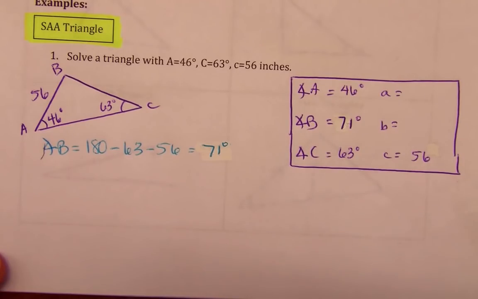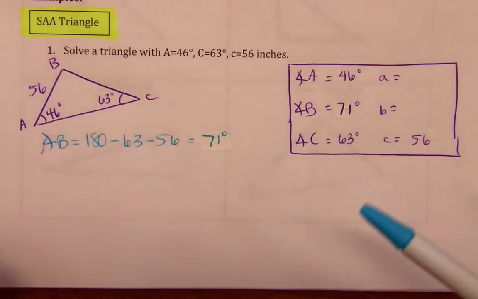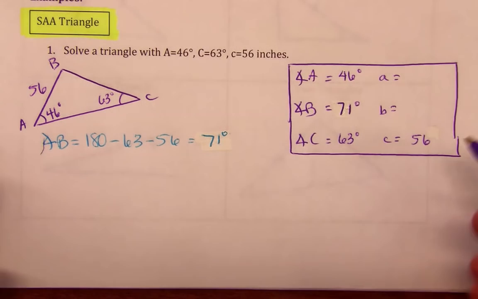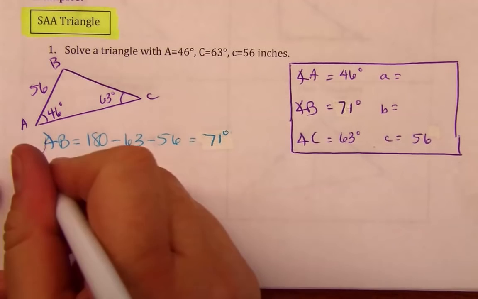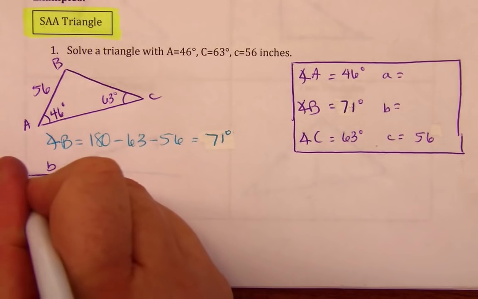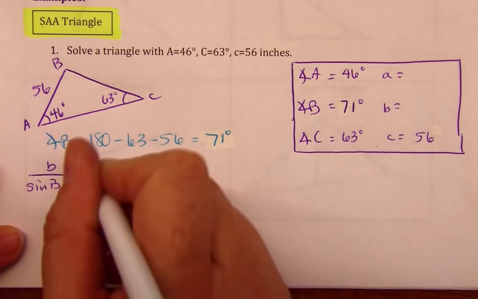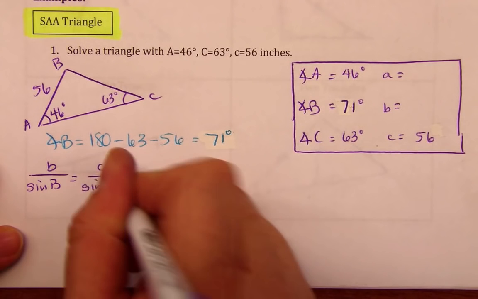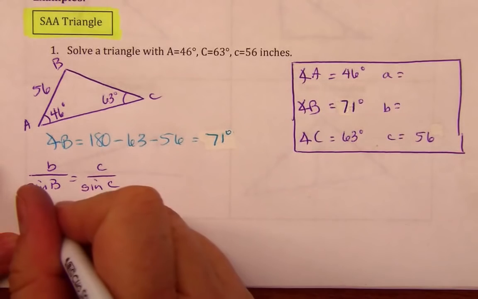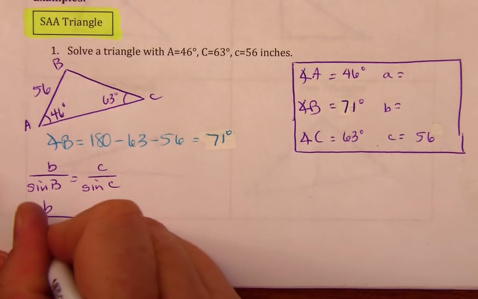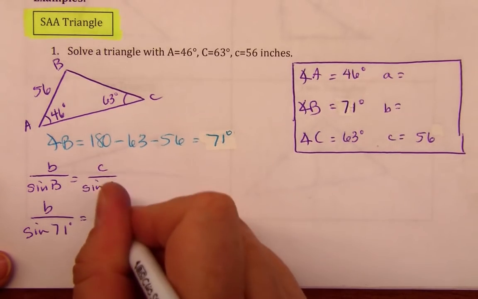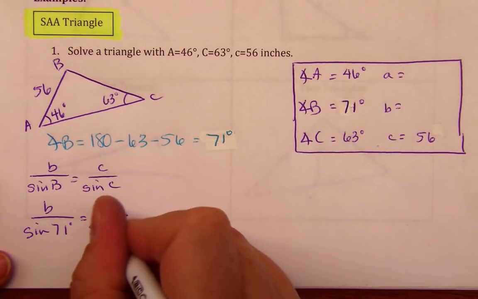Now, what we're going to do is solve for the biggest side first, and that's always going to be our plan here. So solving for the biggest side, I want to find side B. So if I set up B over sine of angle B, and I already know this one, so C over sine of angle C, then that would be B over sine of 71 equals C, which is 56, over sine of 63.